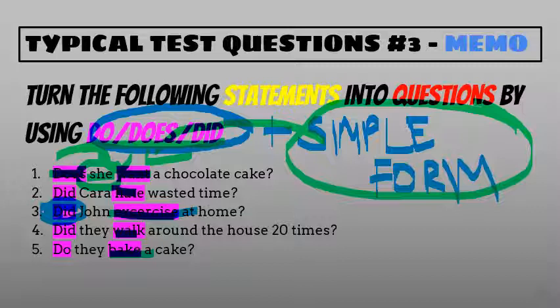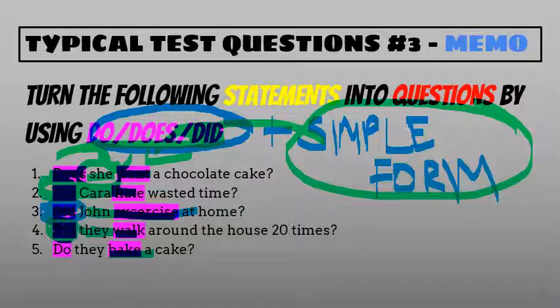My second statement was, Kara hated wasted time. In this case, my verb was in the past tense. Then I immediately go to my past tense form of my auxiliary verb did. And luckily then, it doesn't matter whether my subject is singular, did Kara hate wasted time, did John exercise at home, or whether my subject is plural, as in the fourth example, did they walk around the house 20 times.